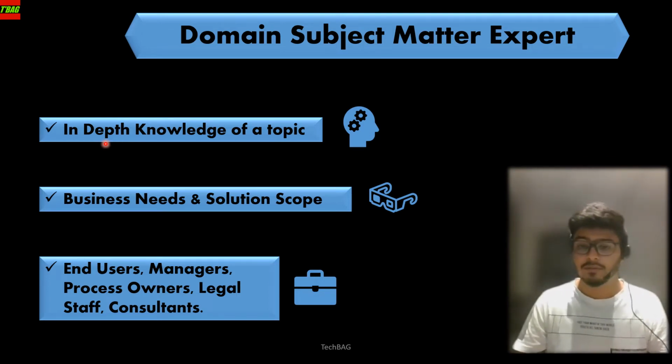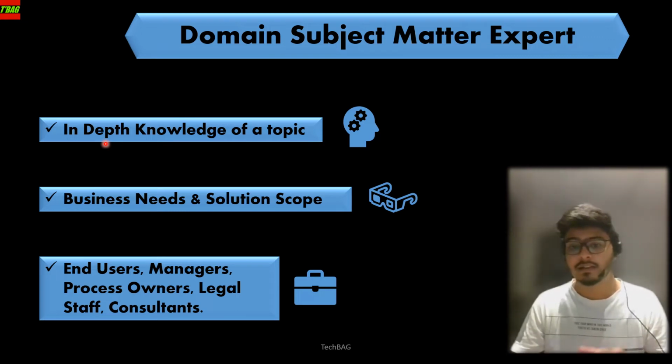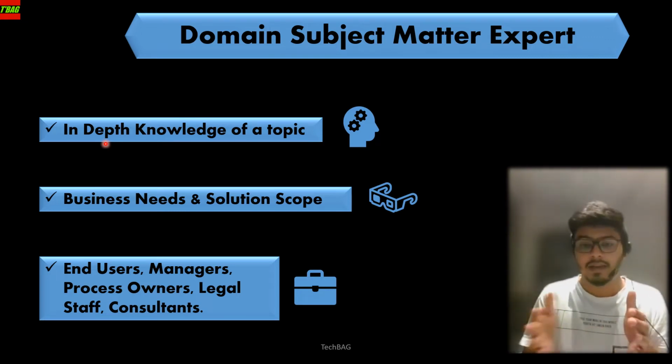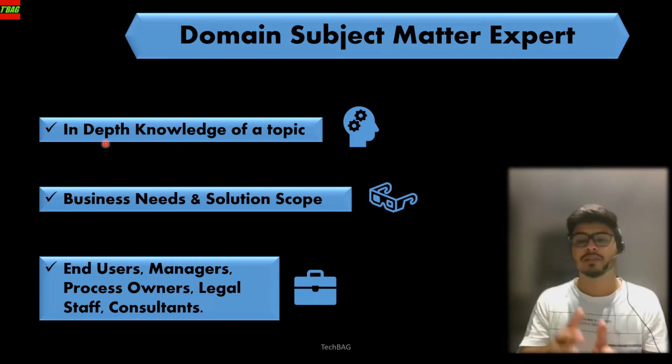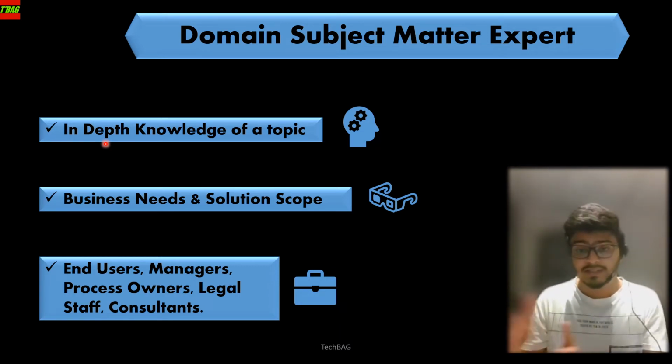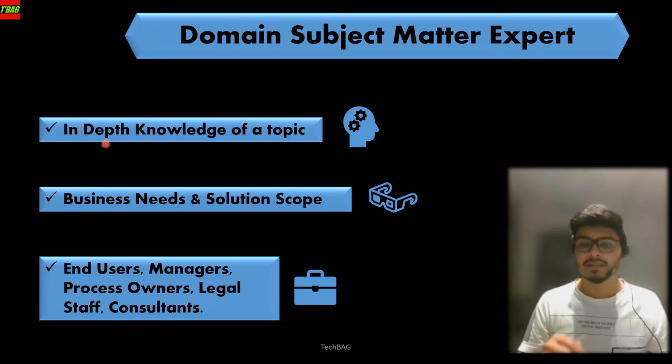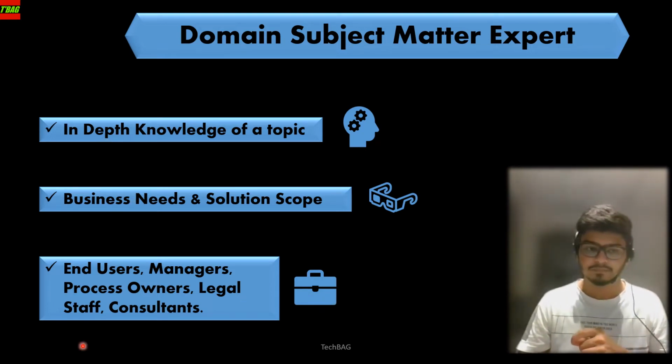He would sit with them and understand the process flow, what the current state of the process is and what the future state would look like. To understand that transition, SMEs would help by giving the current state information because they have the domain knowledge, and that's where the business need and solution scope are covered.